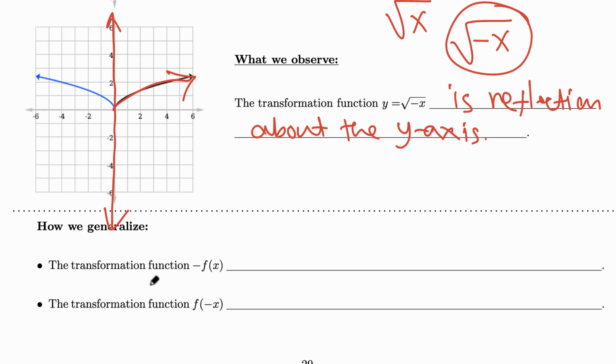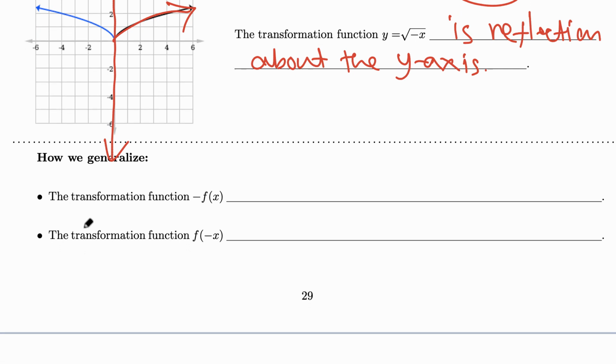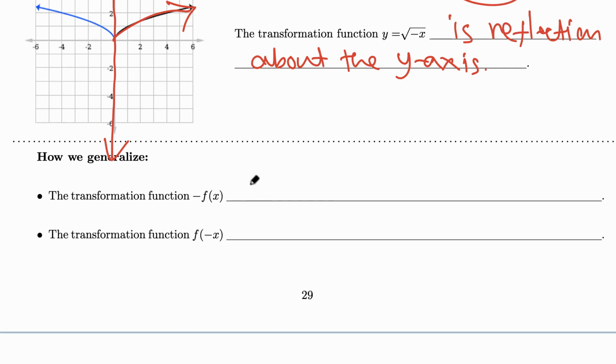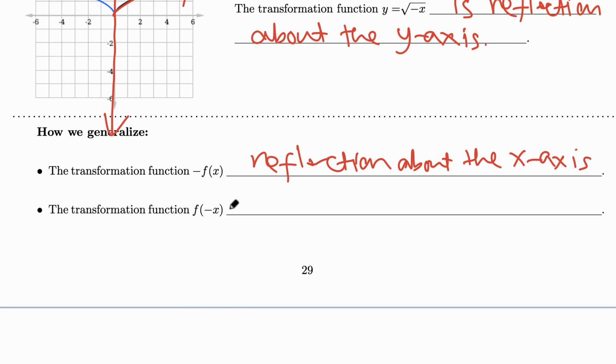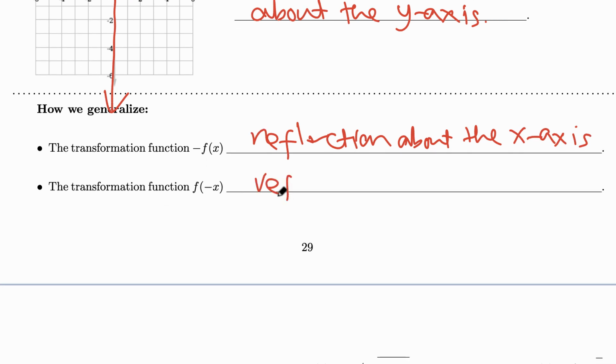Okay, so just write down the transformation: negative f(x), the negative of the function, is a reflection about the x-axis. Negative inside of the function is a reflection about the y-axis.